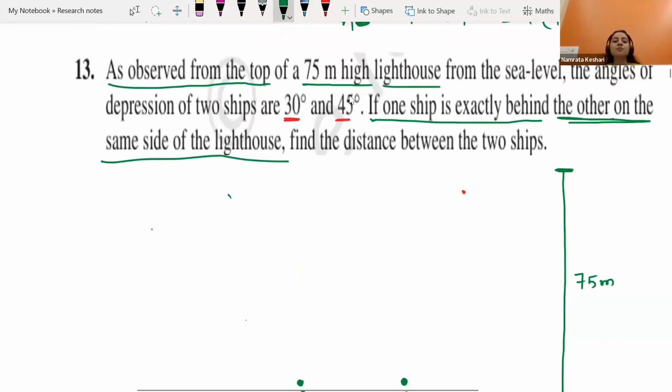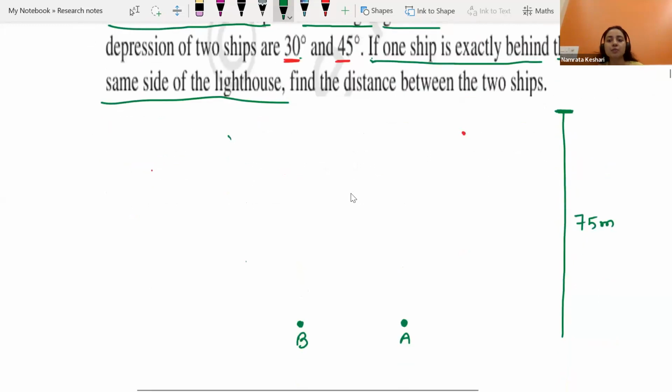Now let's read the question from the very beginning. As observed from the top of a 75-meter high lighthouse, 75 meters high from the sea level, the angles of depression of two ships are 30 degrees and 45 degrees. As observed from the top, if the person is observing something from the top, this will be the line of sight.